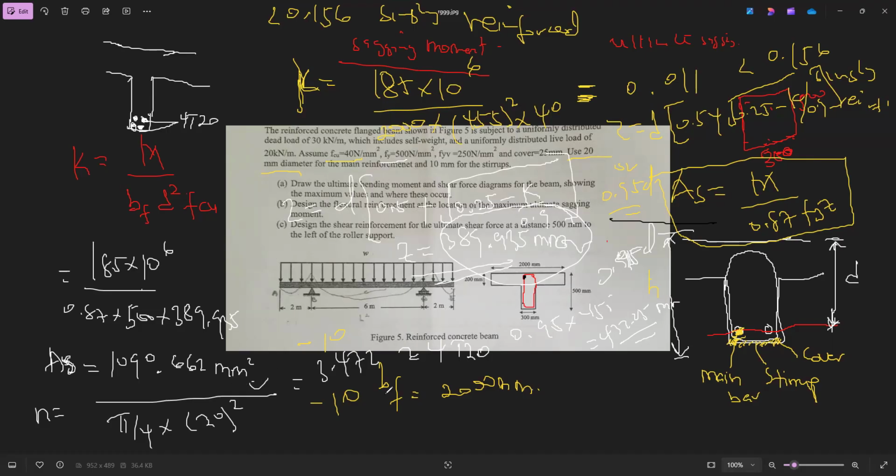So we are done calculating for the sagging. It's left with the hogging.